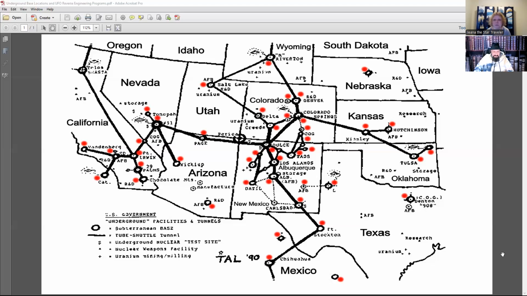We've heard many examples of these. Not all of these bases are active all at the same time. Some just maintain a skeleton crew but can be brought up to full functionality in an incredibly short period of time. So functionality, let's focus on what is on the screen right now.